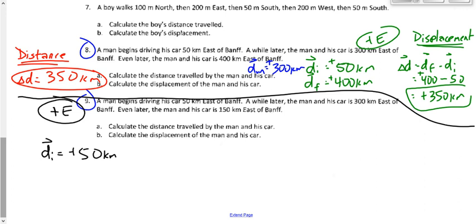My final position will be 150 kilometers east of Banff. I'm going to call it my middle position, or instead of calling them di and df, maybe I call them D1, D2, D3. It doesn't really matter what you call them, as long as you remember which is initial, which is final. My middle position is 300 kilometers east of Banff.